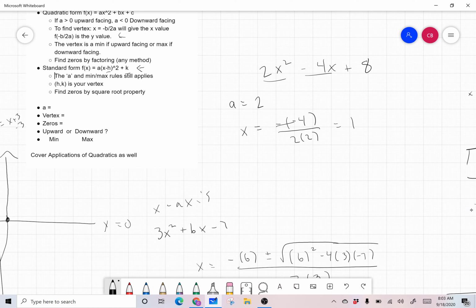So we've got positive 1. We're going to plug that in. 2 times 1 squared minus 4 times 1 plus 8. This is 2 minus 4 plus 8. 2 minus 4 is negative 2, plus 8. That's 6. So this vertex is 1, 6.